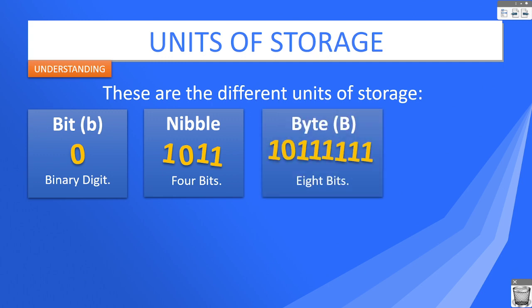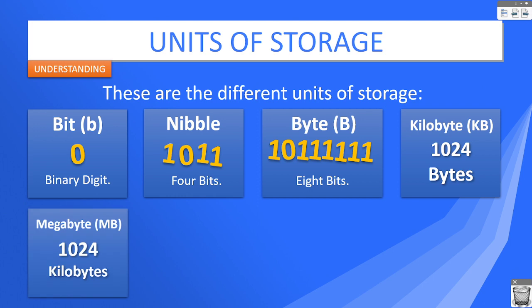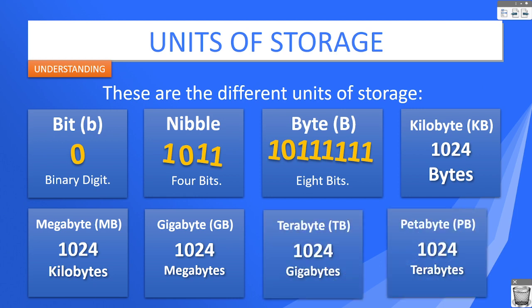We know that a byte is 8 bits, and that a kilobyte is 1024 bytes. The same can be said for megabytes, it's 1024 kilobytes. Same for gigabytes, terabytes, and petabytes, each relative to the previous unit of storage. And you'll see that in just a second.